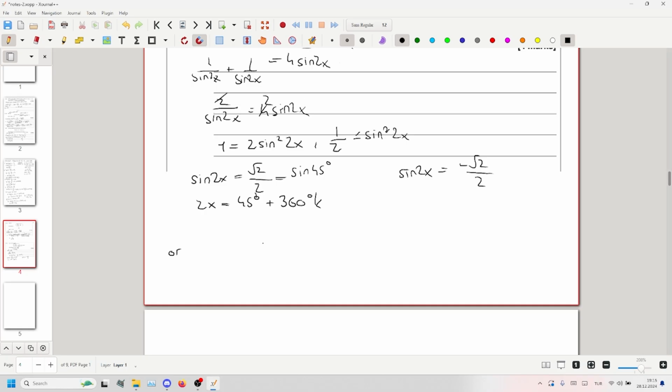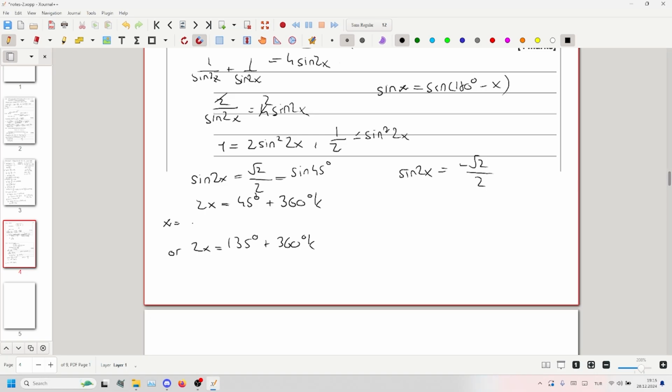Or 2x is equal to 180 minus 45 degrees, because sine of x is equal to sine of 180 minus x. So to get that solution, we need to write 2x is equal to 135 degrees plus a multiple of 360 degrees.